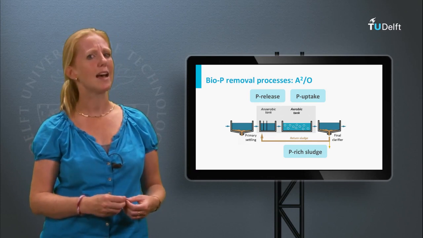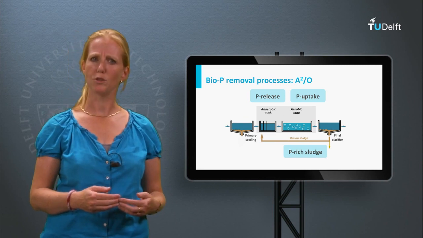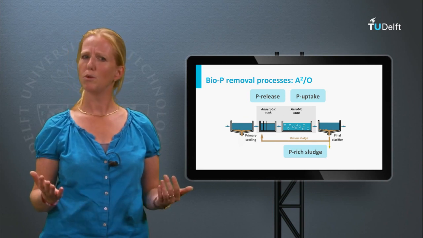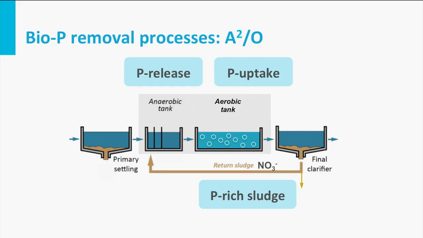However, if you realize what you learned about nitrogen removal and about biological phosphate removal, would this simple configuration work? The nitrate that will be formed during aeration at low loading or long sludge ages would be returned to the anaerobic tank with the return sludge.